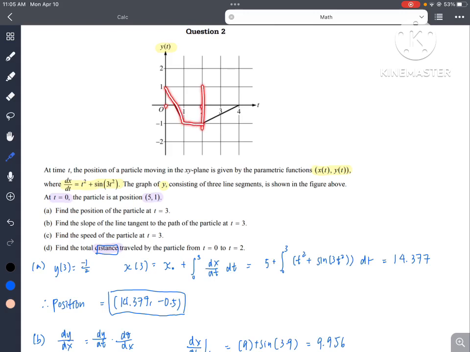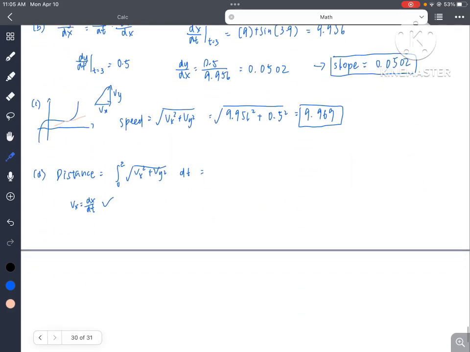There are actually two functions that express v of y. Over here it's -2, but over here it's 0. So let's split the integral into two, from 0 to 1 and 1 to 2.